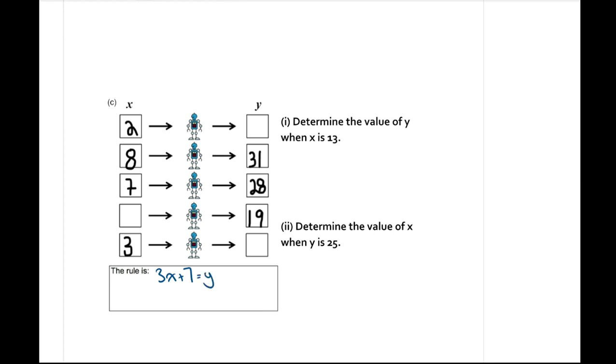So 3x plus 7 equals y, or again, you could say y equals 3x plus 7, or you could say multiply by 3 and add 7.